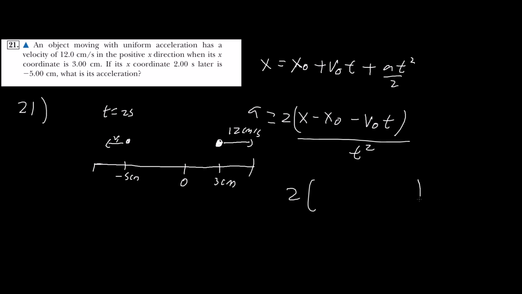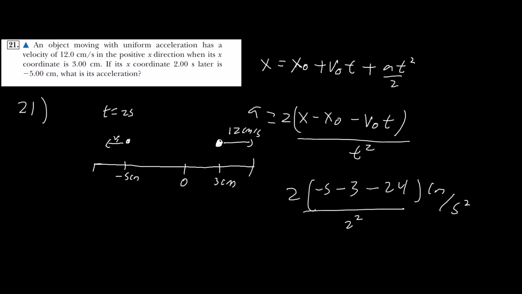So I'm just going to take the unit and put centimeters on the outside. And the final position is going to be negative 5 centimeters, negative 5 minus the 3. Minus its initial position, minus 12 times 2 seconds, which is going to be 24, all over 2 squared, which in this case would be seconds squared.